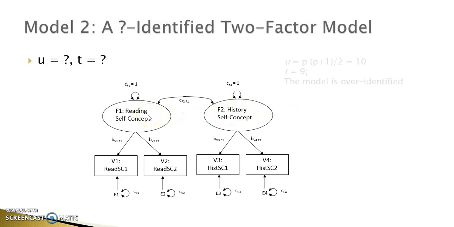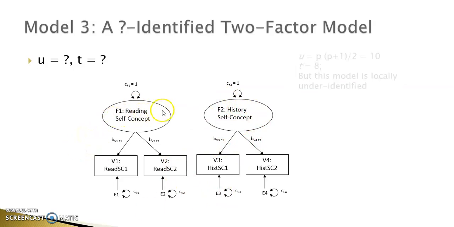There are 9 parameters to estimate: the 4 factor loadings, the 4 error variances of the indicator variables, and the covariance between the 2 latent factors. Because there are 4 measured variables, 1, 2, 3, 4, we have 4 times 5 divided by 2, 10 unique values in the variance covariance matrix. T is 9 and U is 10. This is an over-identified model.